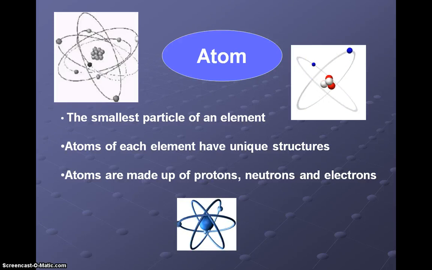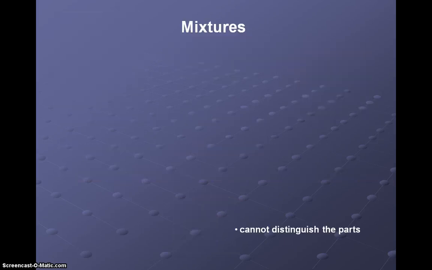The subatomic particles that make up atoms are protons, neutrons, and electrons. What defines an element and how it behaves is based on its electrons and its number of protons. We'll get into more detail with that next time.